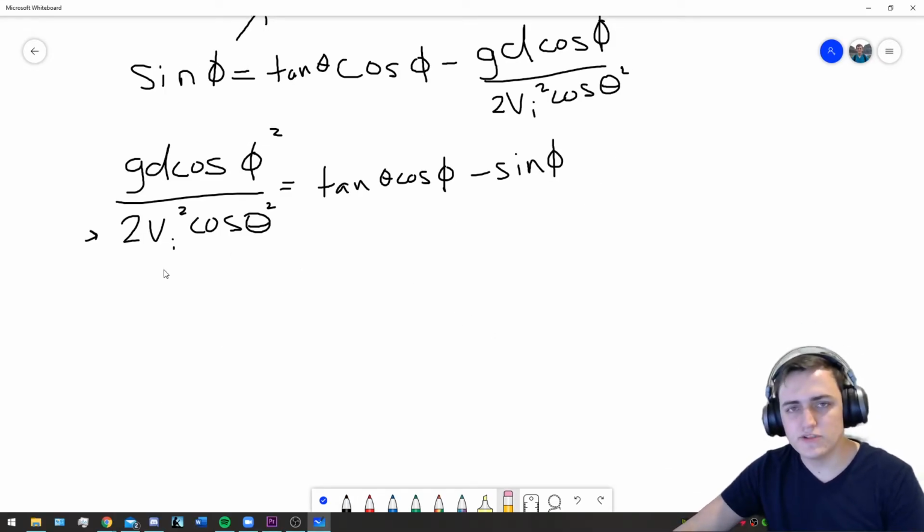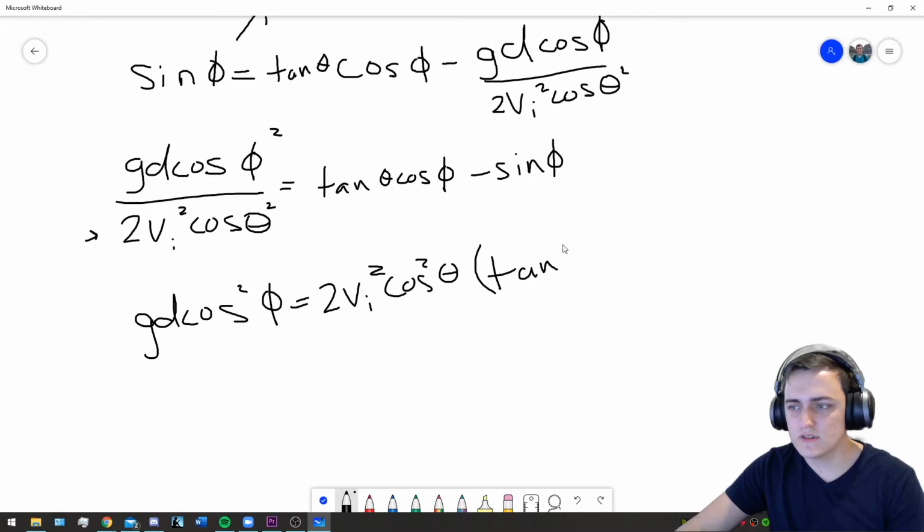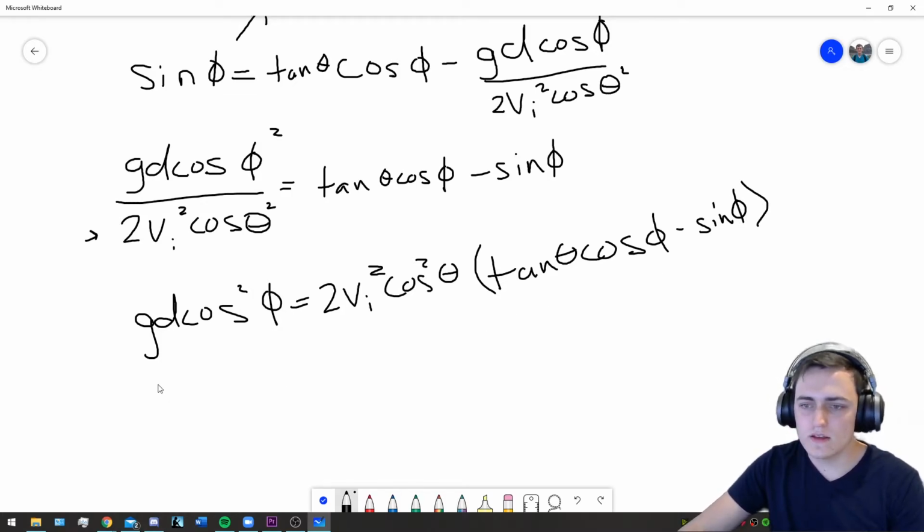So the next algebraic step here is going to be to multiply both sides by the denominator. So we're going to have 2 vi squared cosine squared theta times tangent theta cosine phi minus sine phi. And so we can actually make one step, which is very tricky to see coming.